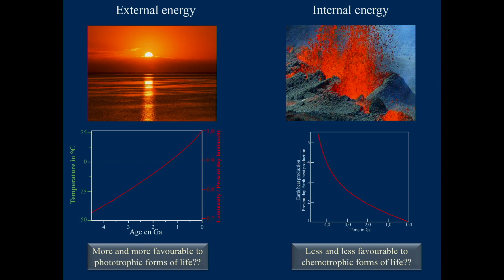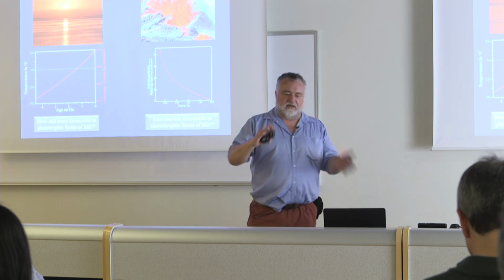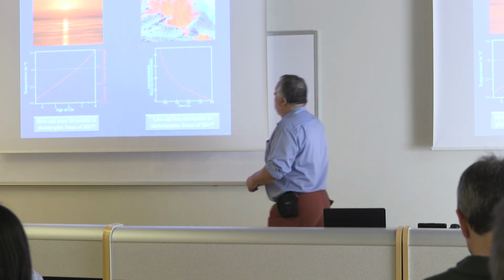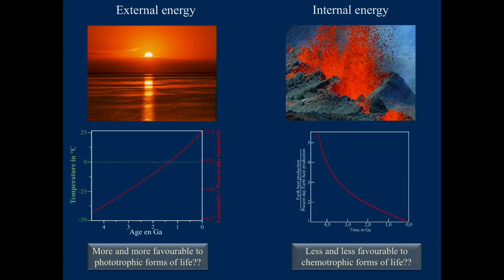While the energy provided by the sun increases in the course of time, and this is more and more favorable for phototrophic forms of life. So there was a decrease of one source of energy and an increase of the other one, and this would favor different kinds of life.